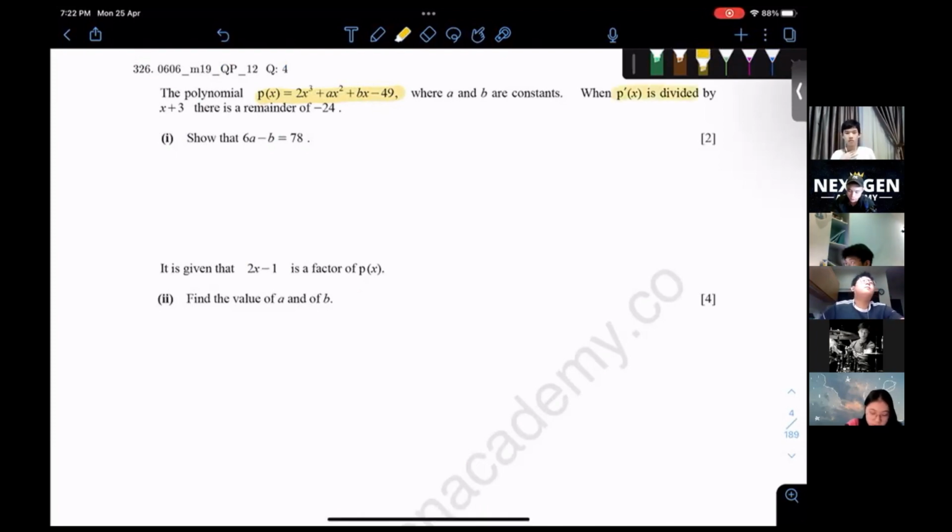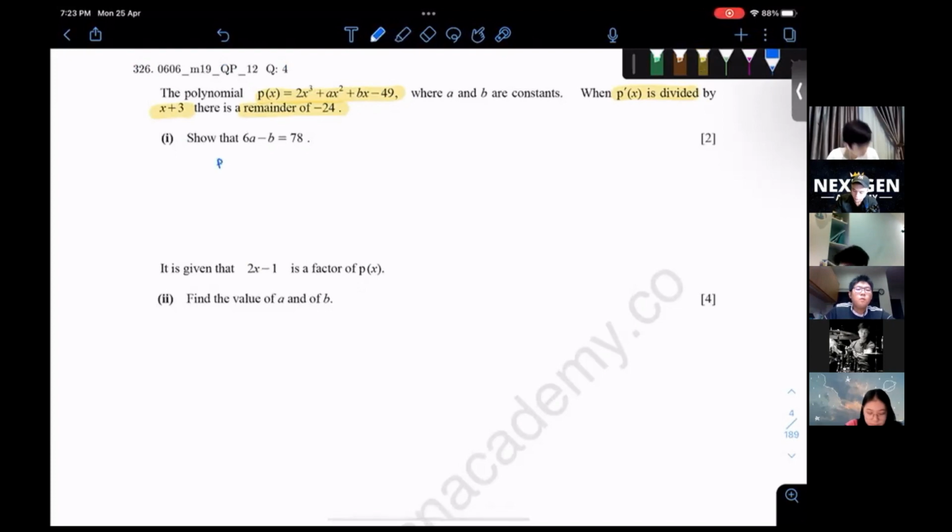So look here: polynomial p(x) equals 2x cubed plus ax squared plus bx minus 49, where a and b are constants. When p prime x is divided by x plus 3, there is a remainder of negative 24. Show that 6a minus b equals 78.